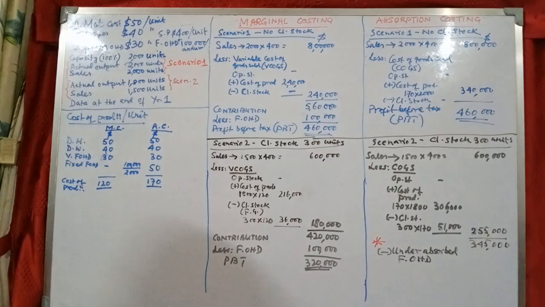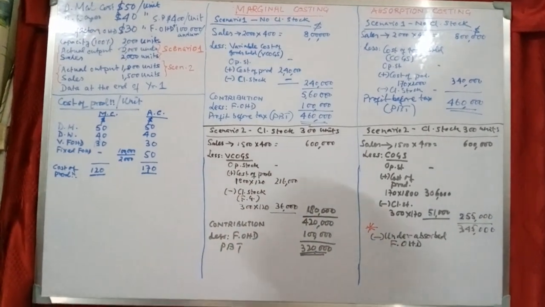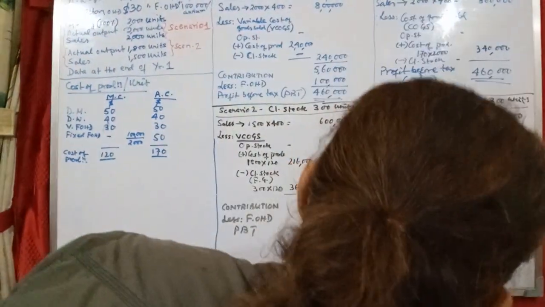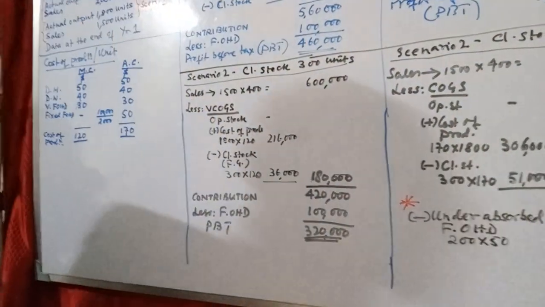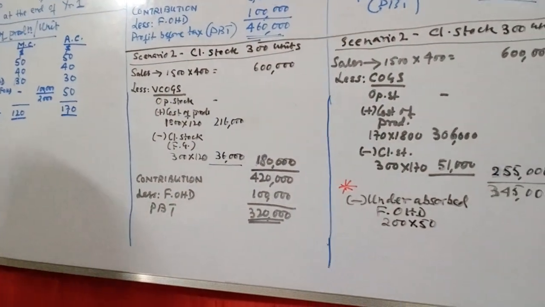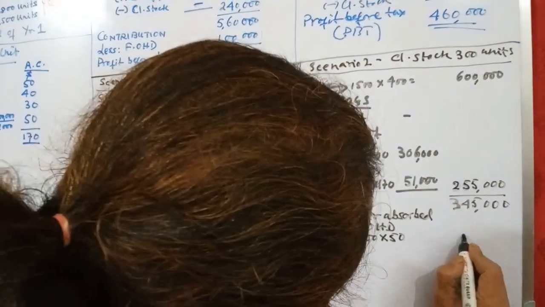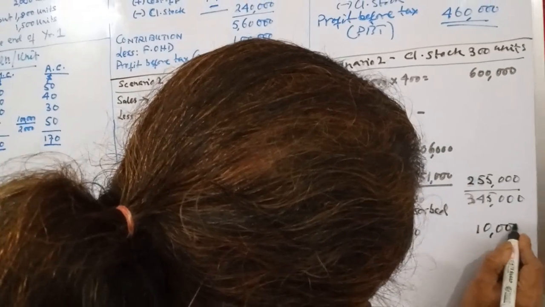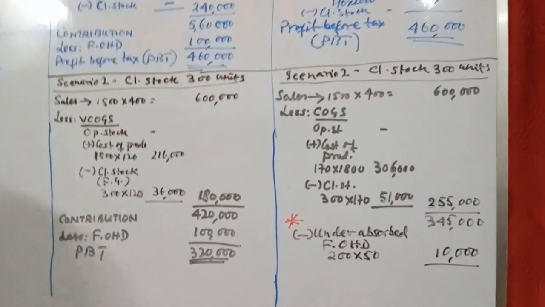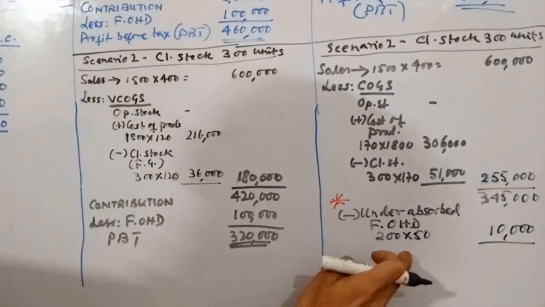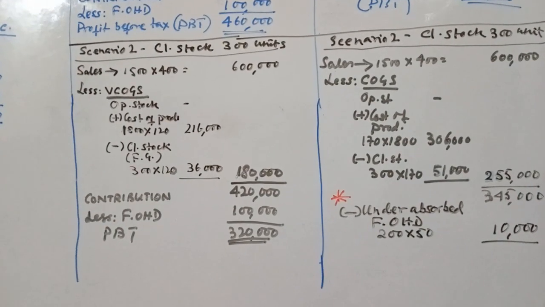And what is the fixed overhead rate? 50. So the amount of under absorption is 200 into 50, which means 10,000. This is under absorbed overhead. Right?